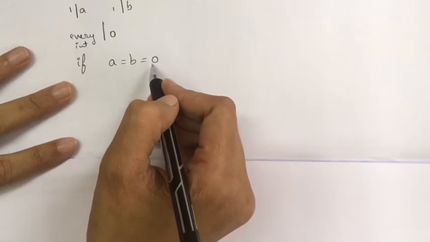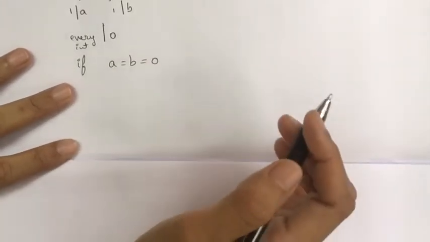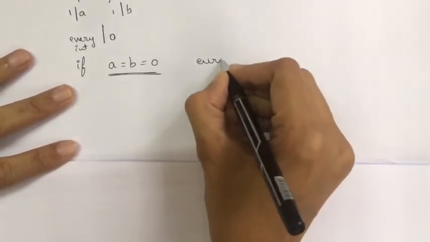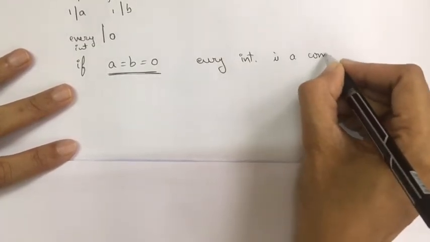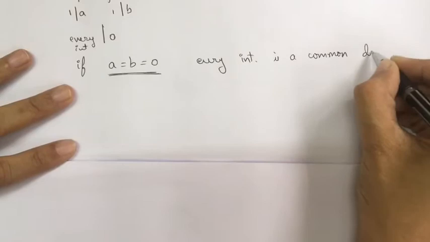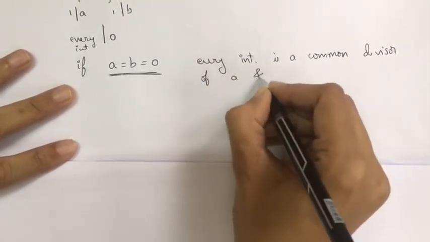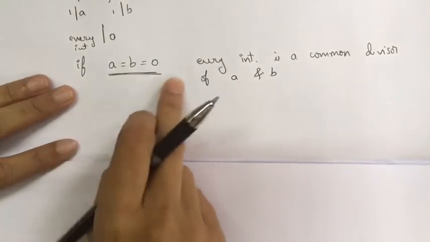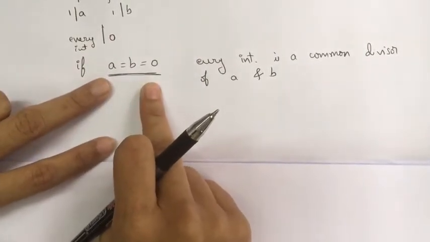Then every integer is a common divisor of A and B. Therefore, I can say the set of common divisors for this is infinite.